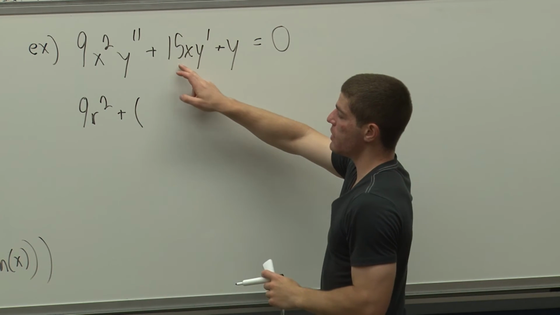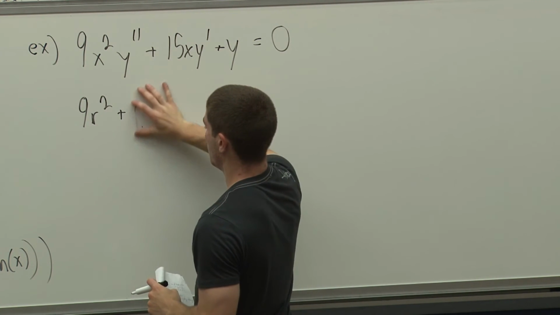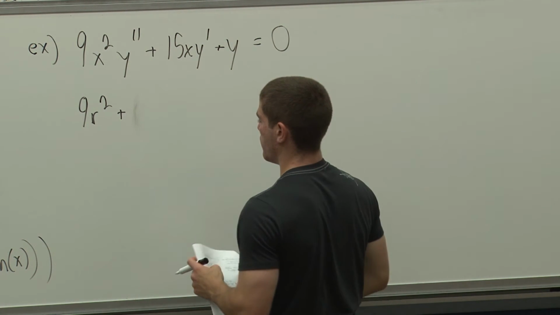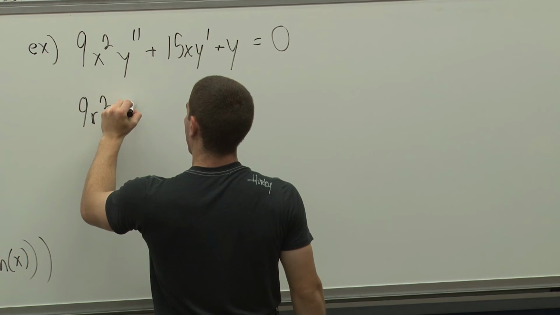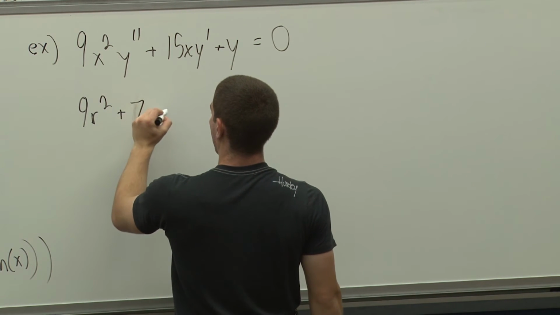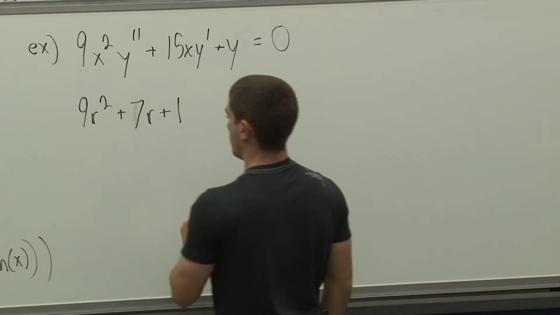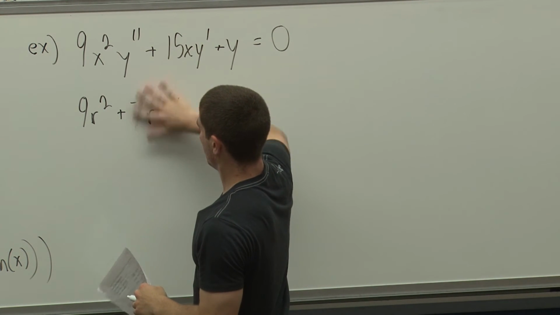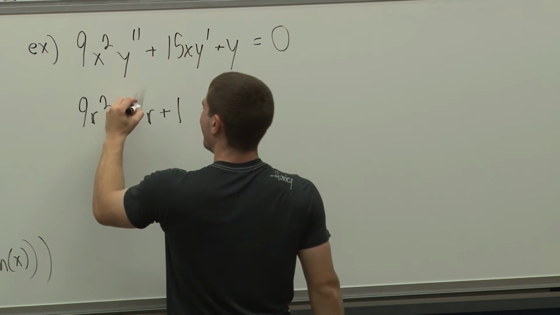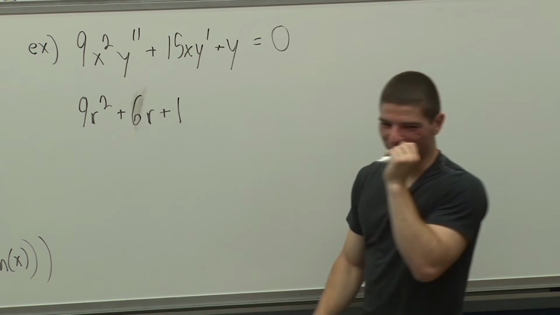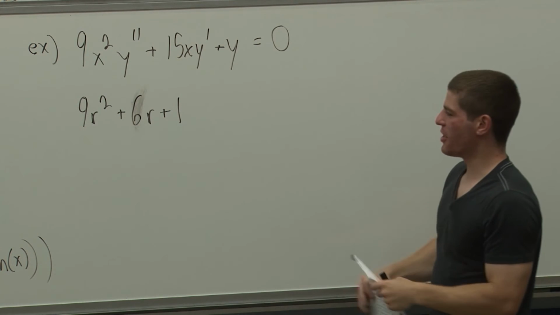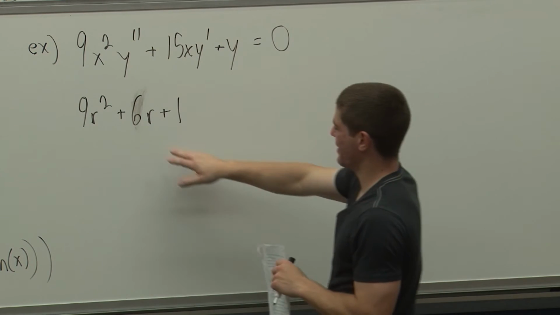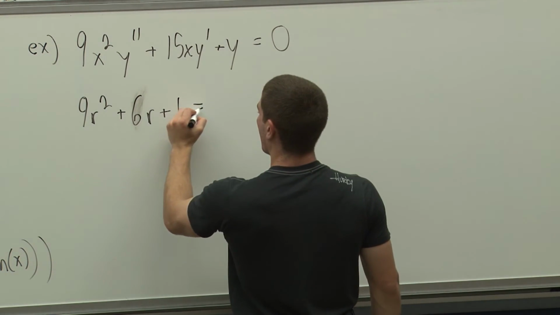So b is 15, minus a is 9, so minus 9 is going to be 6. All right, so 9r squared plus 6r plus 1 equals 0.